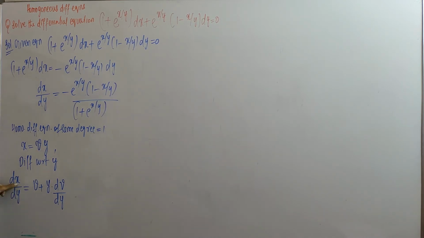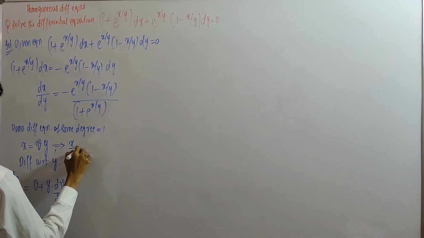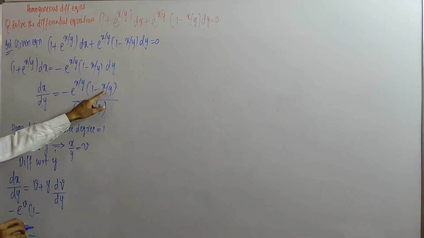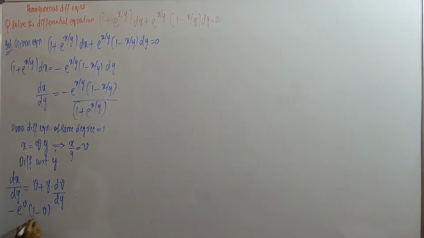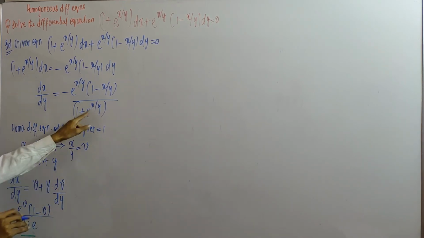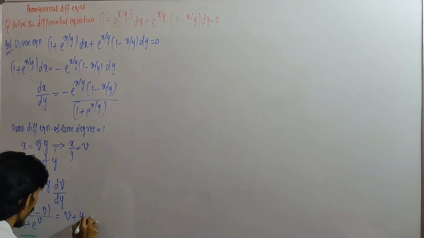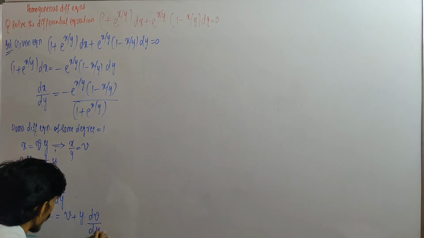Now the dx by dy value from this, here I have minus e power of minus x by y. From this the value of x by y is v. So here I'll get e power of v into 1 minus v upon 1 plus e power of v is equal to v plus y into dv by dy.